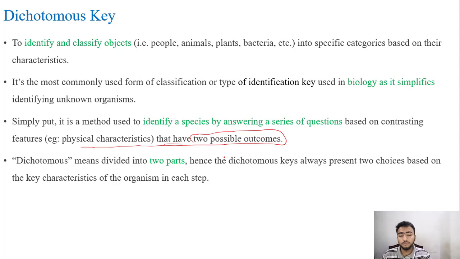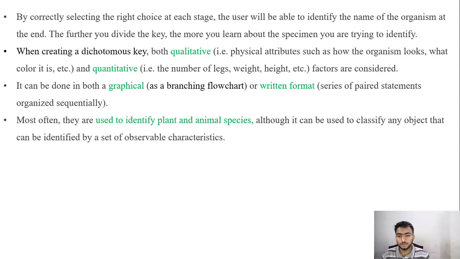So dichotomous means divided into two parts, hence the dichotomous keys always present two choices based on the characteristics of the organism in each step. So this is what I was mentioning, and I'll show you this just now in a moment.